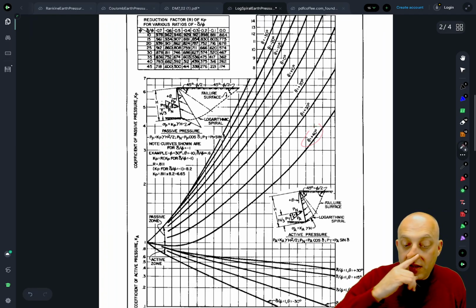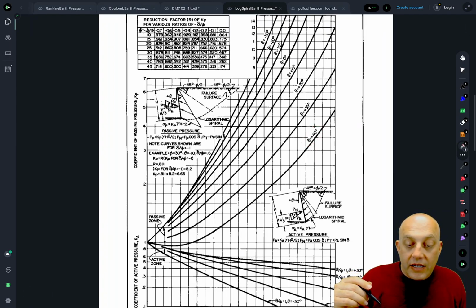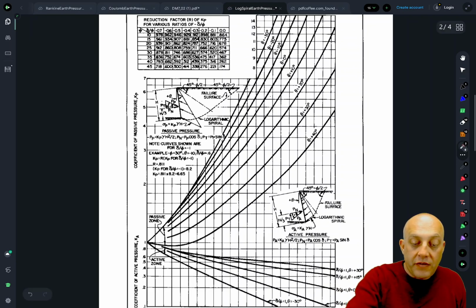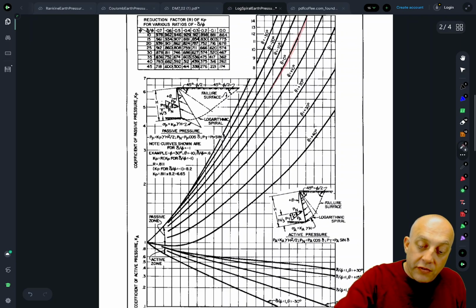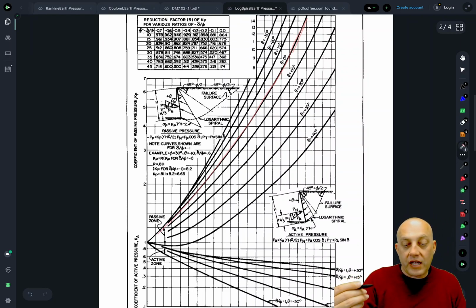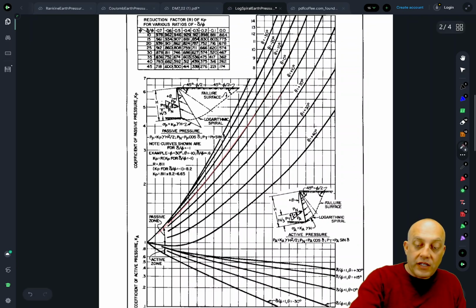I used alpha before, and they're actually using a value of theta such that theta is 0 if the wall is vertical. So this line up there is for a vertical wall with a horizontal backfill. And so that line is duplicated on the next plot also. And then these other lines are just for different angles of wall inclination.